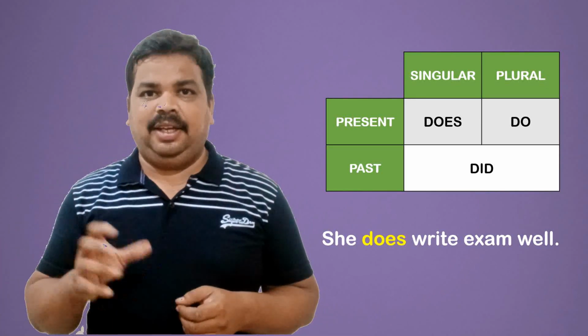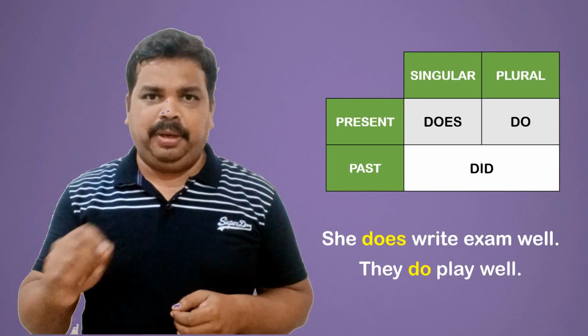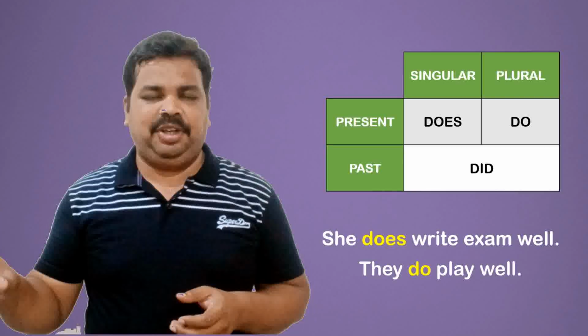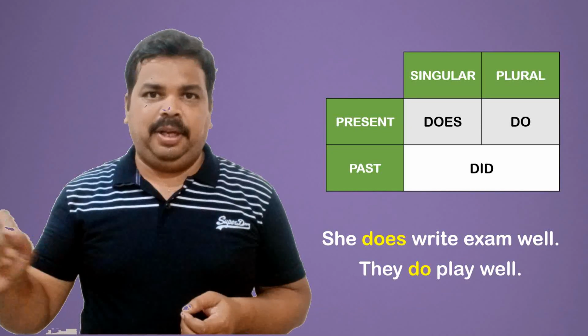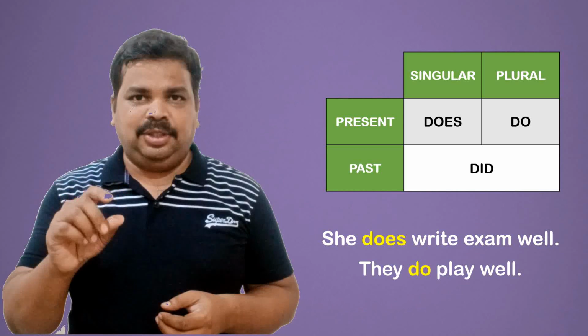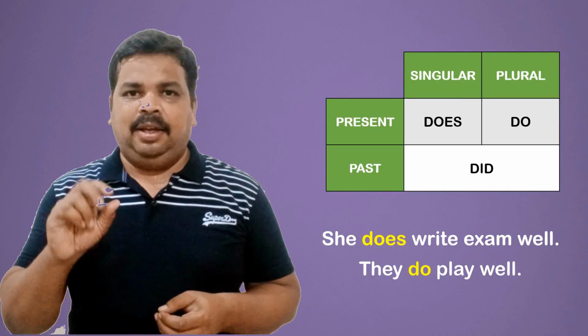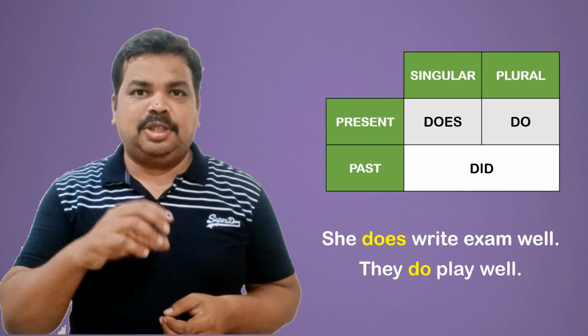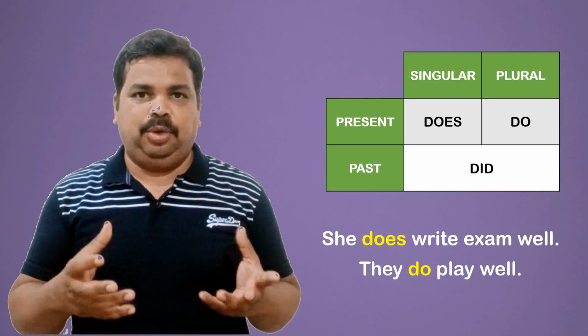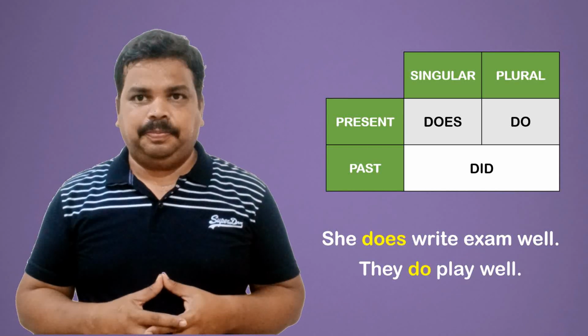If it is they, they do play well in every game. They can just say they play well in every game, that is a simple sentence. The difference between does and do is that does is used when the doer is only one, and do is used when the subject is plural. They means many people, many doers. Then we say they do play the game well.